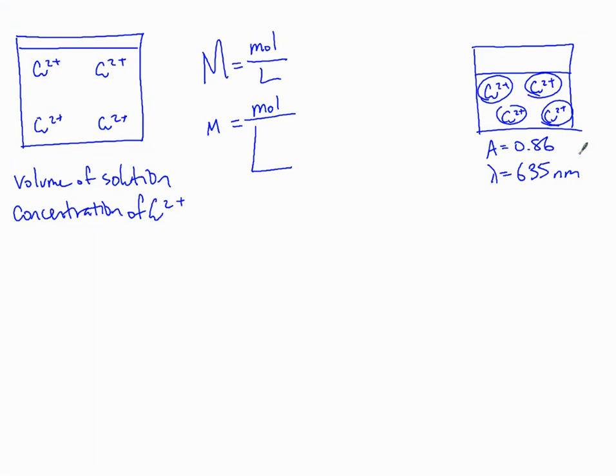If we cut the concentration in half, let's see what's going to go on here. So A equals a times b times c. a is a constant, it's not going to change. b is a constant, it's not going to change. So we basically have A is somehow proportional to c. Maybe we could rewrite it like that. A is somehow proportional to c.